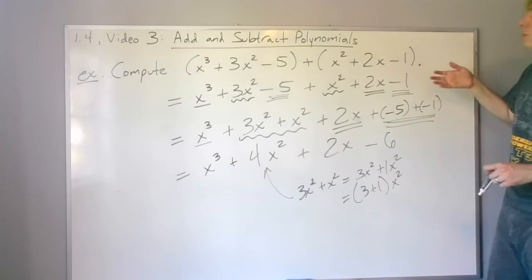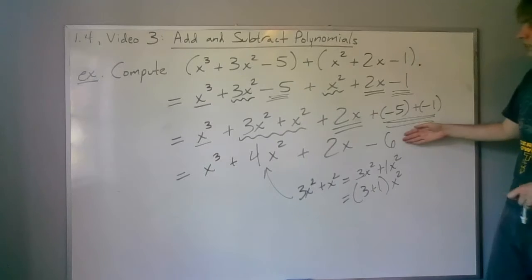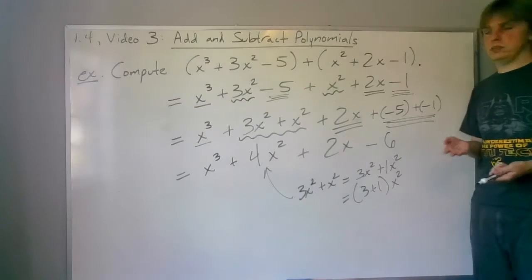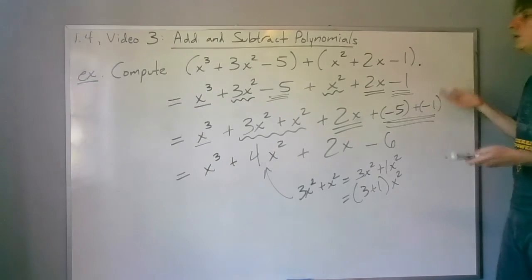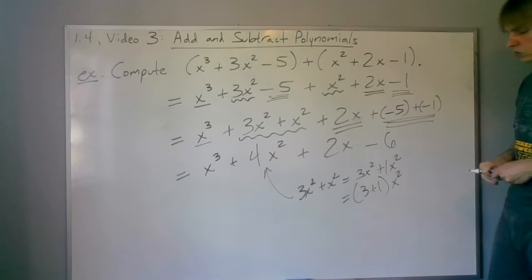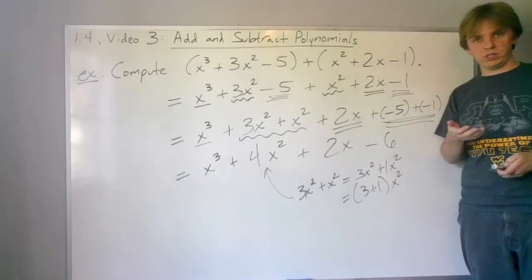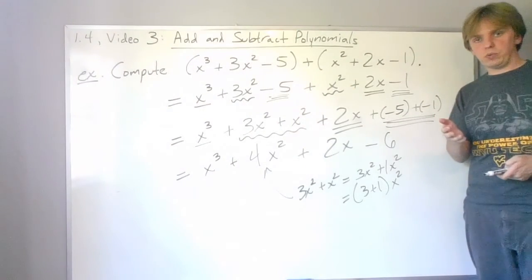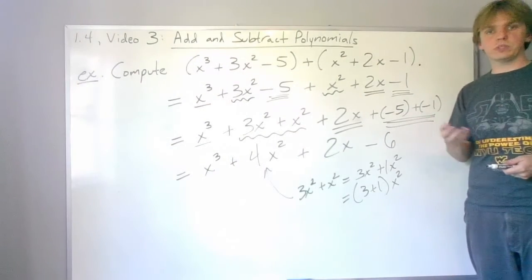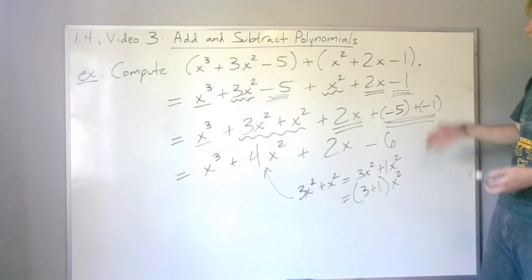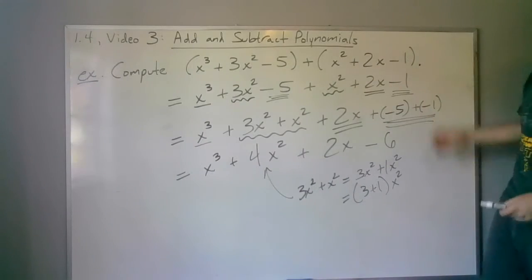If you feel comfortable with going from this step to this step, by all means go ahead. Just make sure you're getting the same answer. So I usually suggest writing more steps when you're first learning a method. Once you've got a little more experience under your belt, feel free to skip some steps. Once you know what it's supposed to look like, great. Maybe we could skip this step.